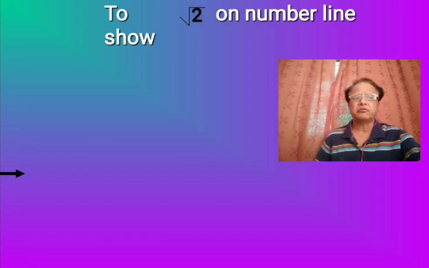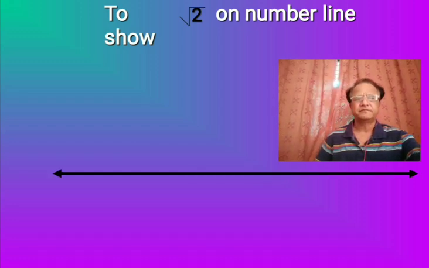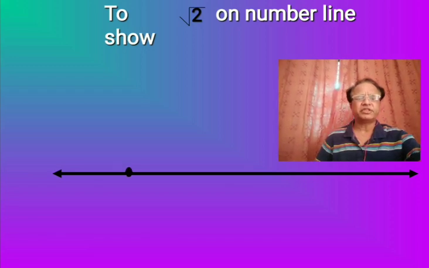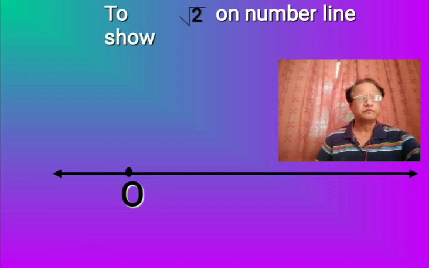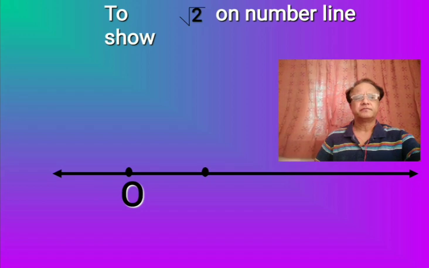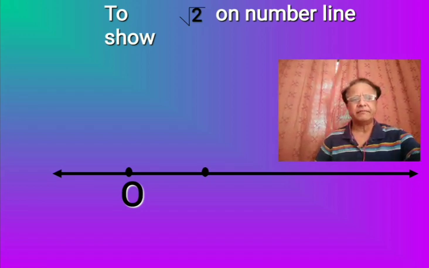For that we have to take one line at first. Look at this line. Now take the first point, the beginning point, and represent it as 0 or O. Take whatever distance you want. It may be 2 centimeters, it may be 2.5 centimeters.